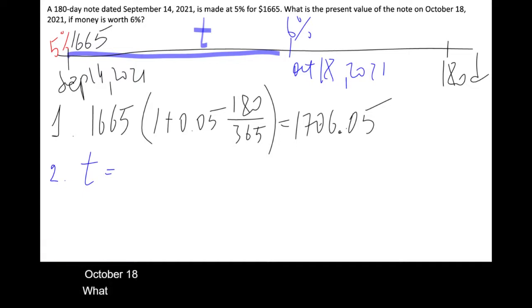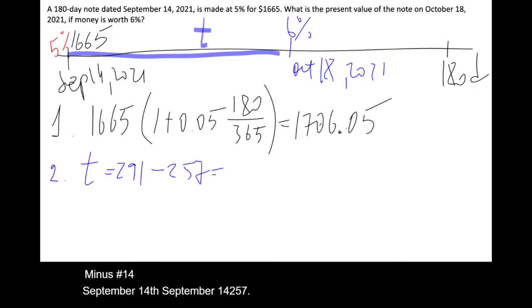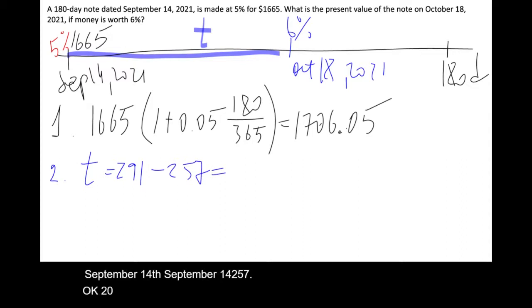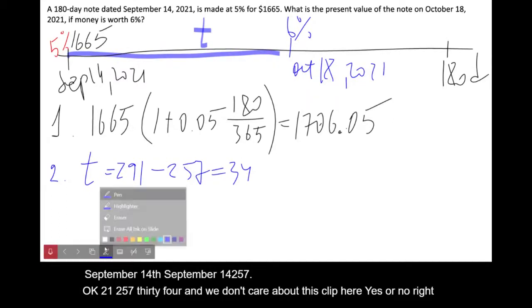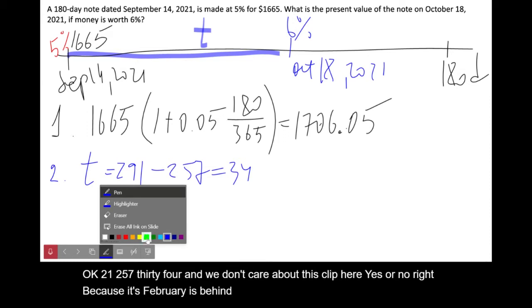October 18 is day 291 minus September 14, which is day 257. Okay, 291 minus 257, 34. And we don't care whether it's a leap year, because February is behind anyway. On top of that, it's not a leap year.